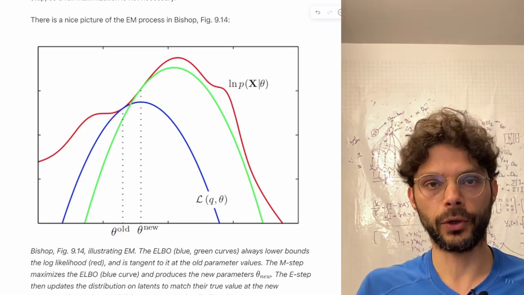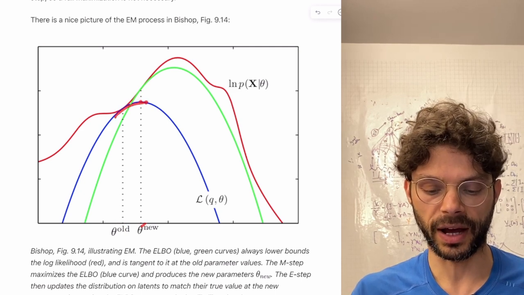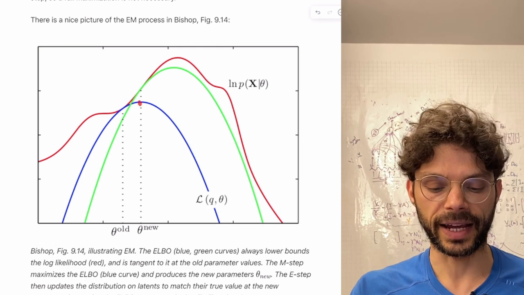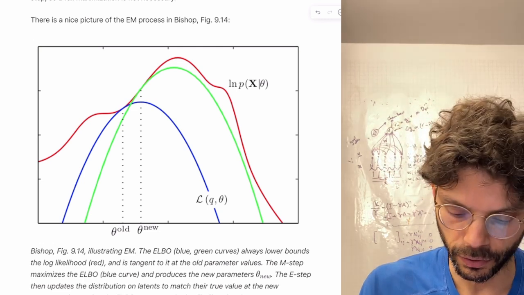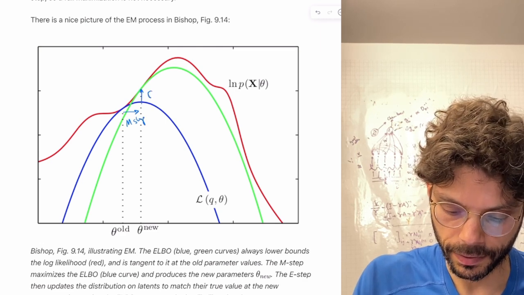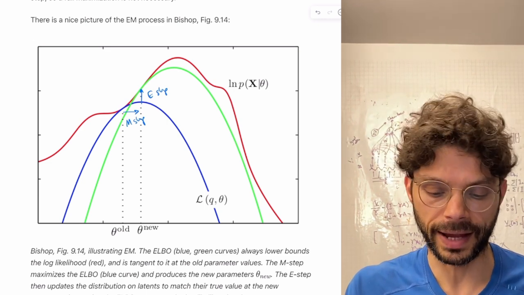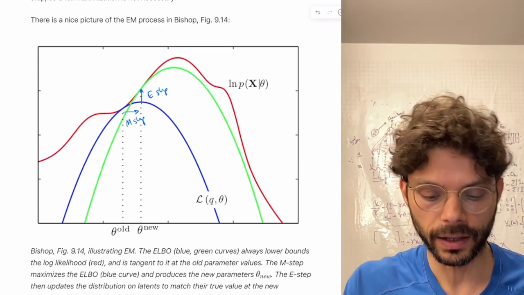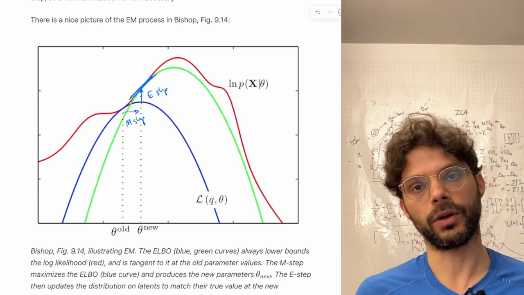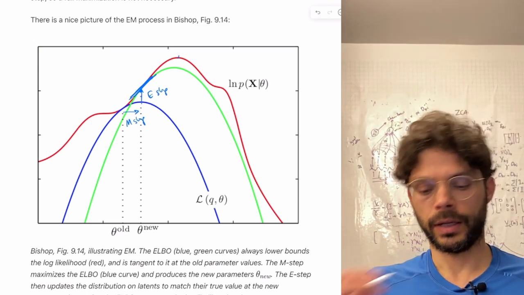Now we do the M step. We maximize this thing, and that gives us a new parameter. Then we do the E step, and we get a new distribution that is still lower bounding and is now tangent at a new location, and we just keep going, and hopefully we end up there.